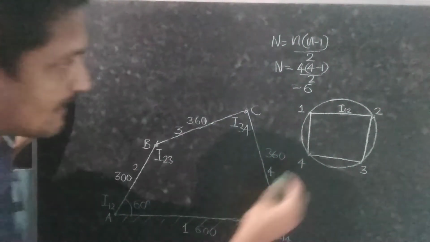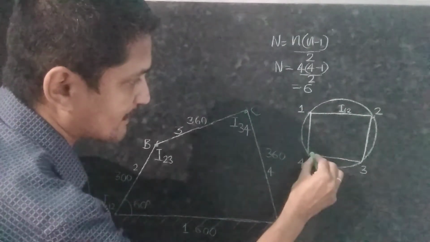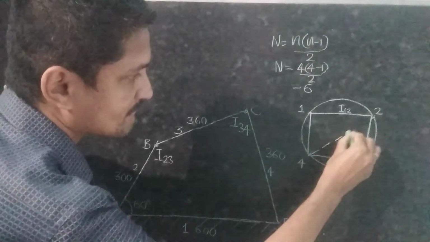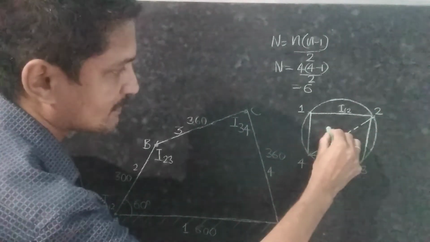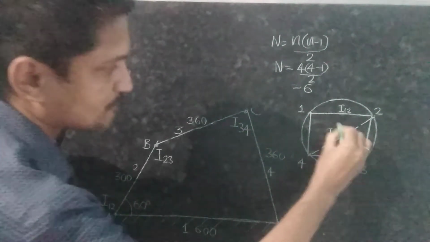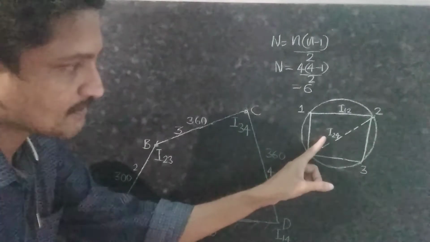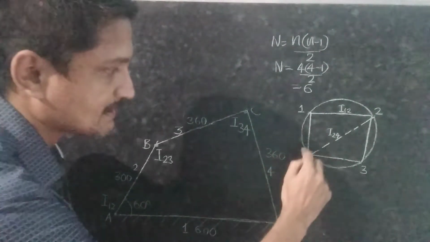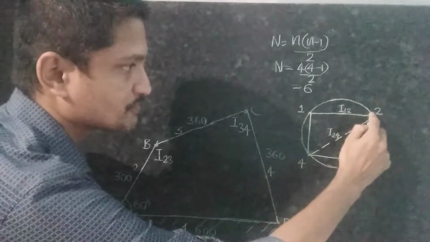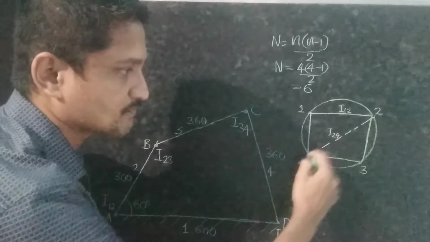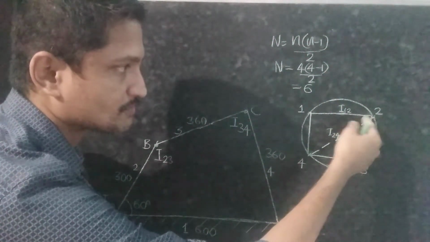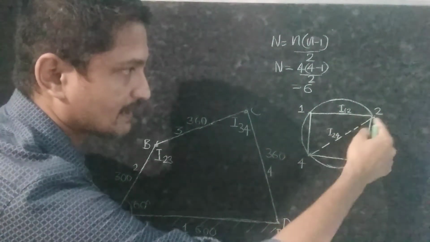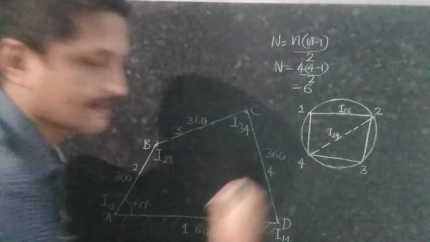Here we have to find out I24. Actually, this I24 is a common side of the triangle 412 and triangle 432. This side is a common side to this triangle and this bottom triangle.